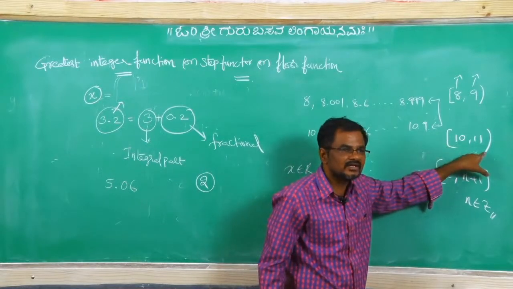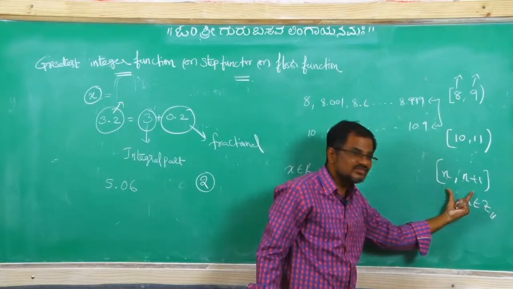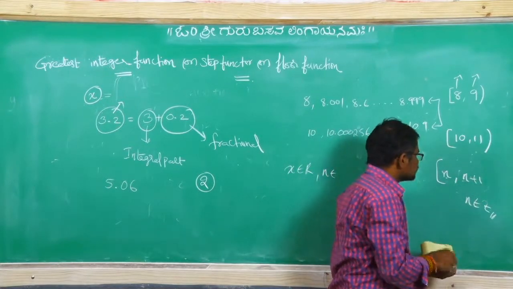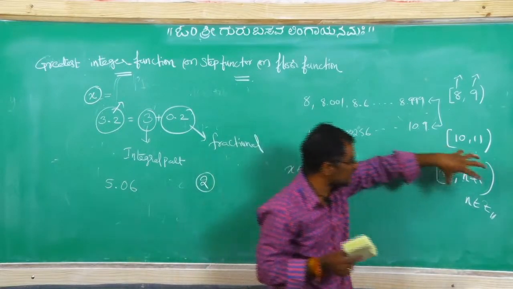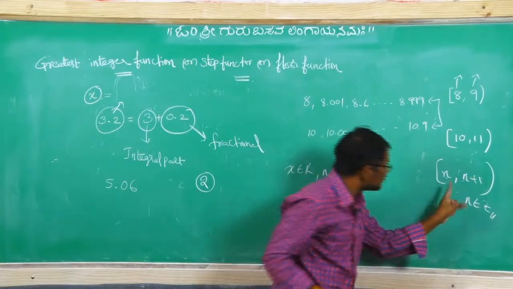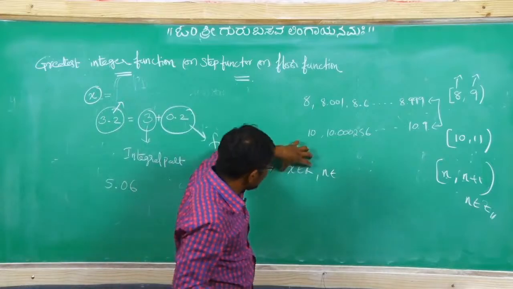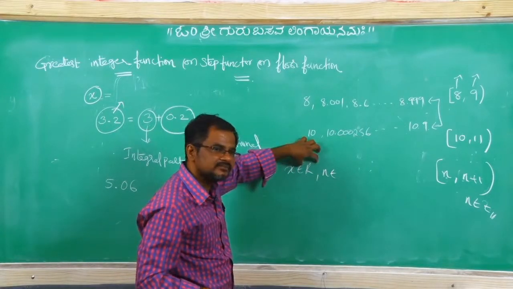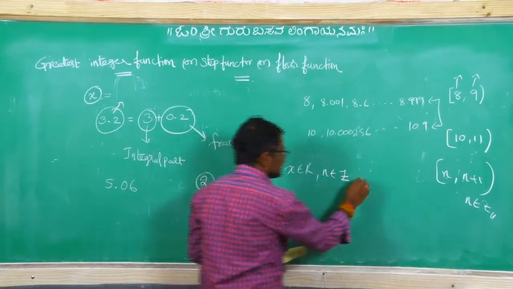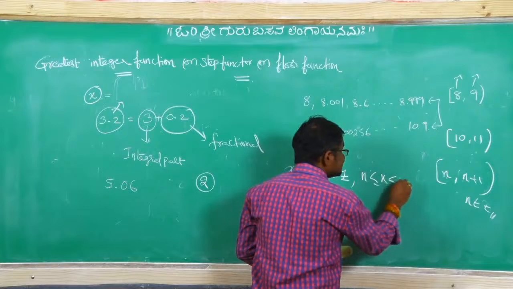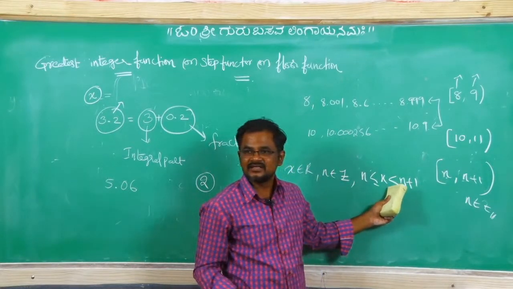These two are integers only, 10 and 11, both integers. Means by this one you can generalize the formula, or not? Here closed, here open. So if any integer satisfies this condition, definitely the integral part of that one is n only. Means x is one real number, n is one integer, and these two satisfy this condition: n less than or equal to x less than n plus 1. Can you write this closed interval as equal, open interval as less than?